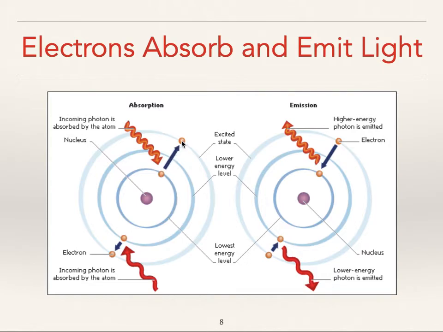More energy means a bigger jump. This photon has less energy because of its longer wavelength. That results in a smaller jump. So now we have an interesting scenario where how far the electron teleports, so to speak, depends on the amount of energy or the color of light it's absorbing.